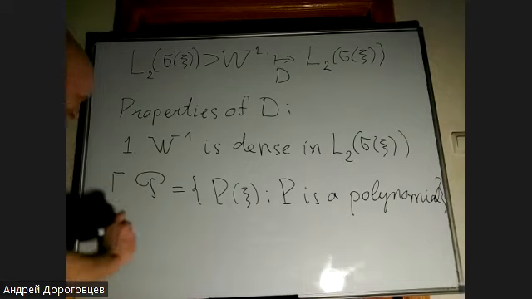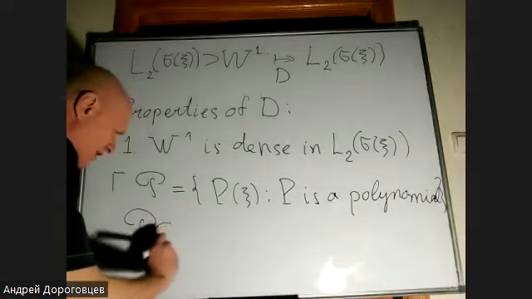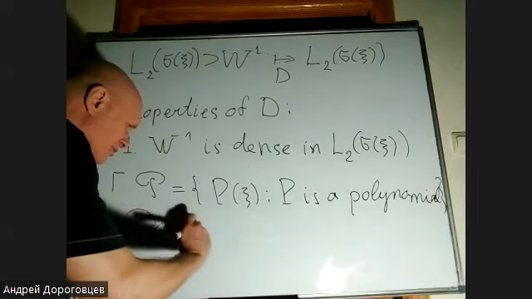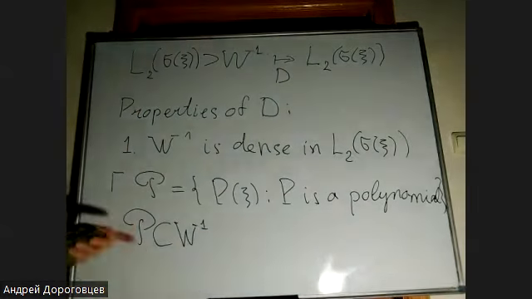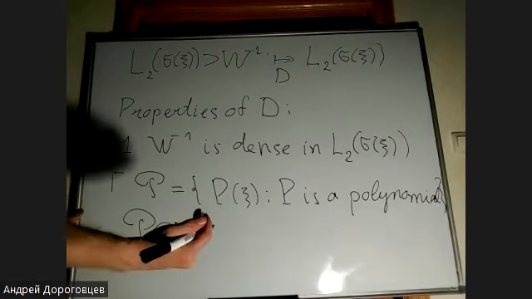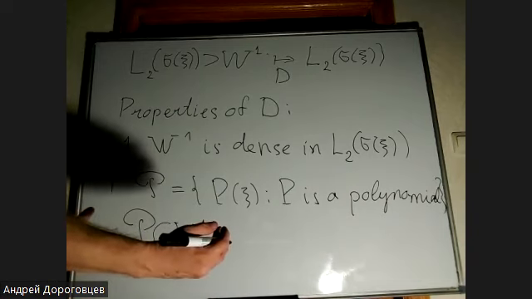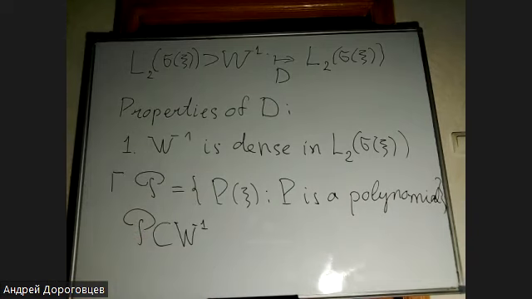Then, of course, P is included in W1. It is trivial because every random variable from here has a finite expansion with respect to Hermite polynomials. Due to this, it is trivially stochastically differentiable. So we have such inclusion.